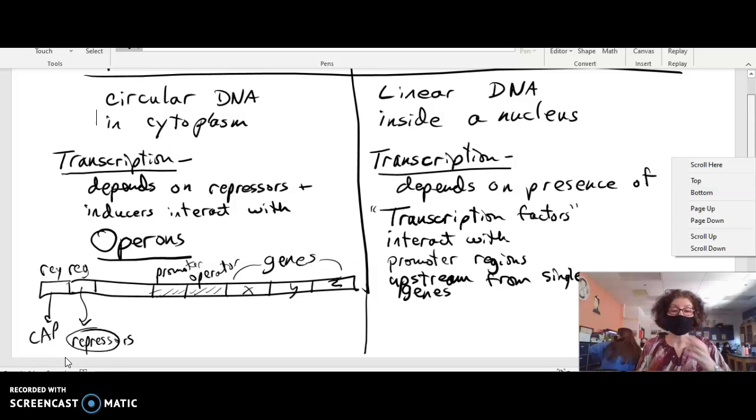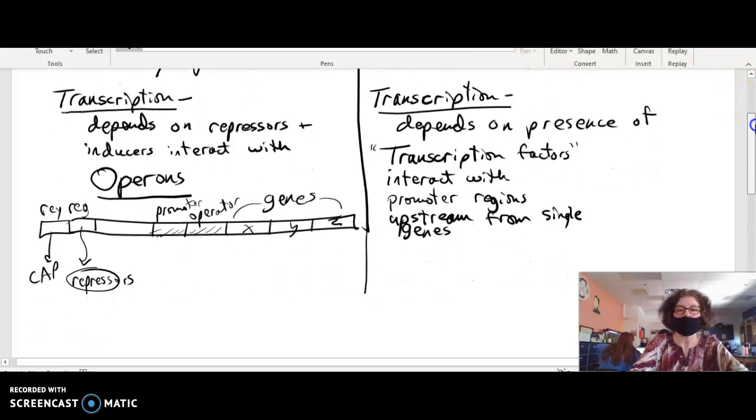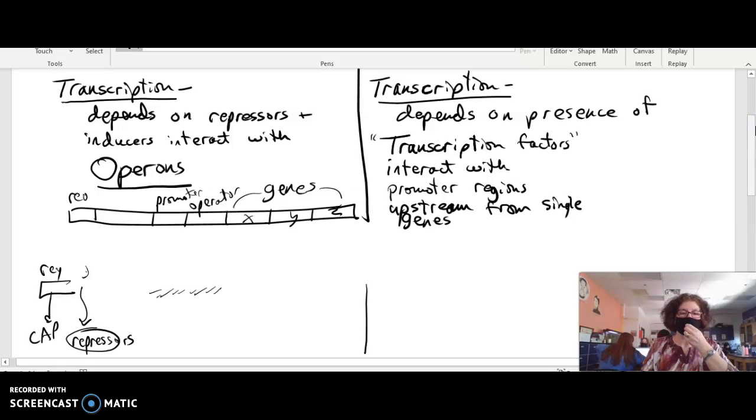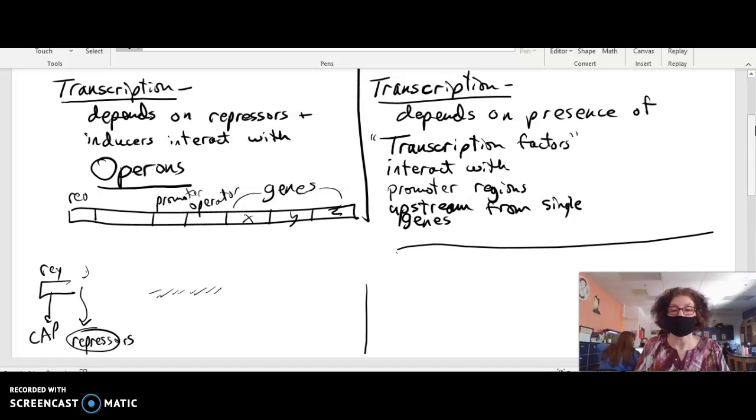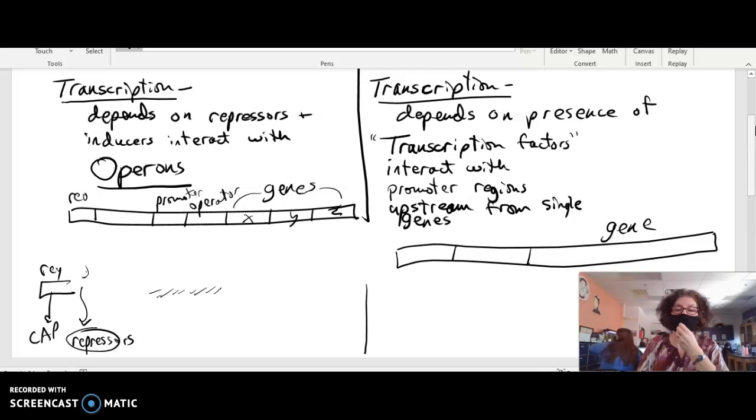So with a eukaryotic gene, you have some things that are in common with that, but it is very different. So if I do the same sort of thing for a eukaryote, oops, sorry about that. For a eukaryote, you only have one gene. Only one per promoter. Like here's, if this is your promoter region here, that's it.